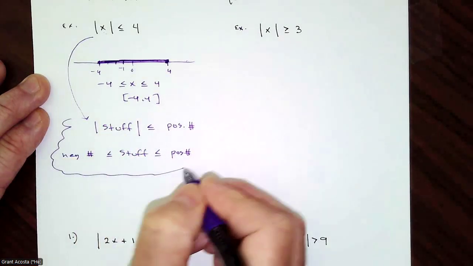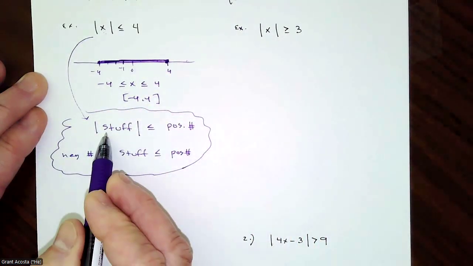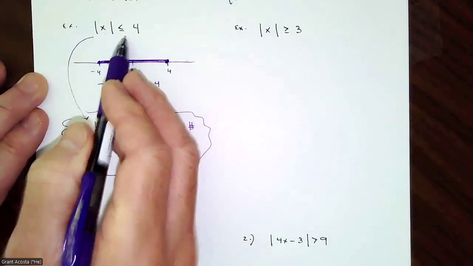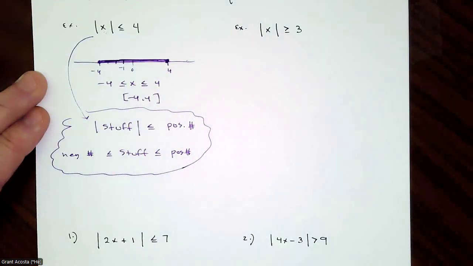And that is the way we can approach an absolute value if it's a less than or equal to, or even just less than.